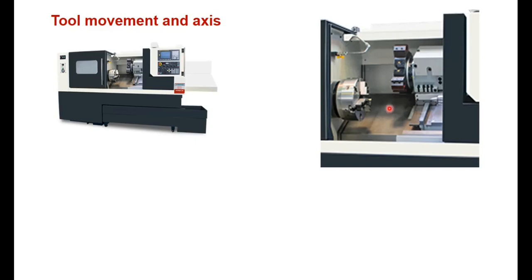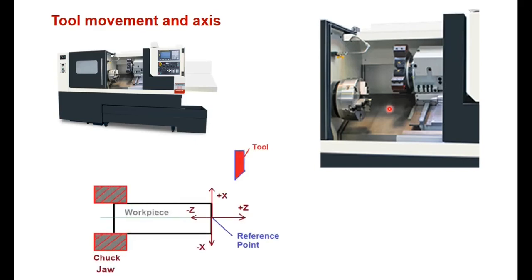If I represent this in a simple diagram, the workpiece will be mounted here and the tool is above it, at this position. The tool comes like this and does all the operations. It will do facing and turning here.